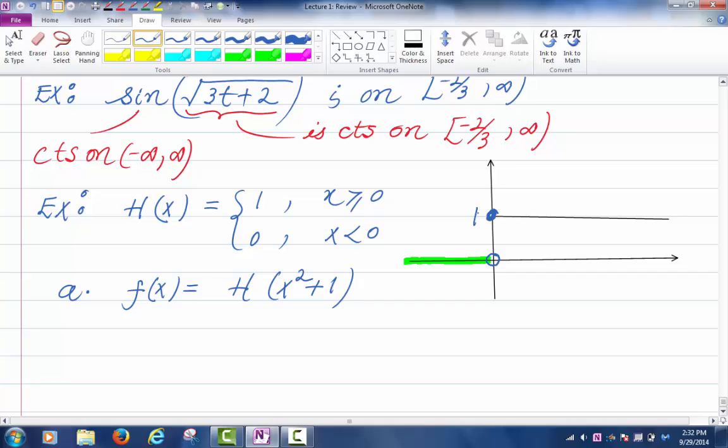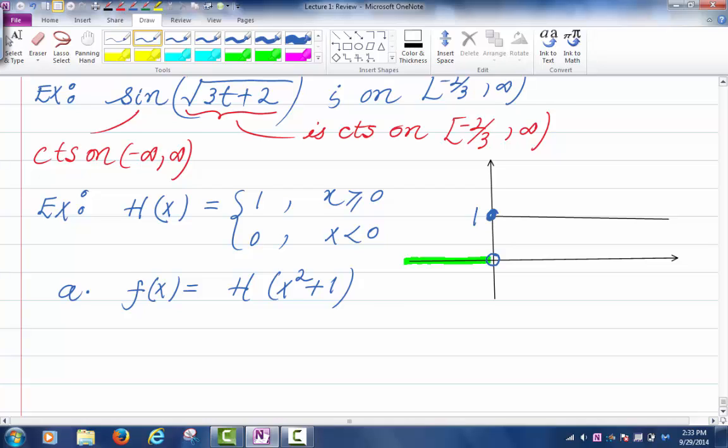So where is the function f continuous? The function f will be continuous for all values of x for which x squared plus 1 is not 0. However, notice that x squared plus 1 is never 0. It's at least 1.